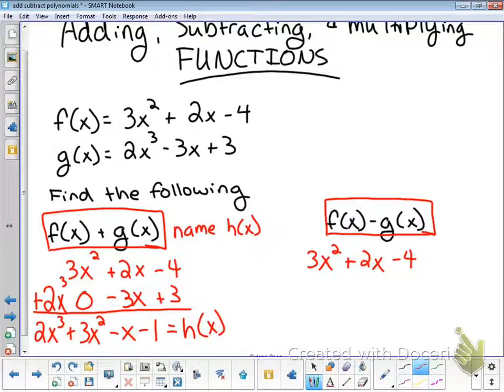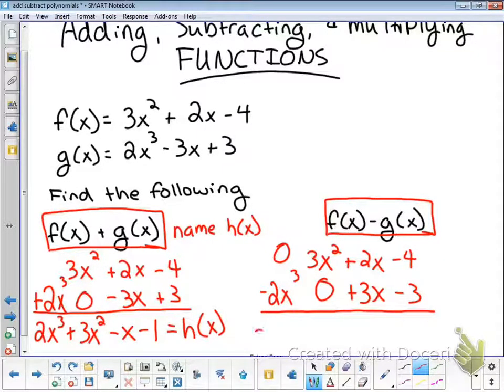And then I'm going to be subtracting, which means I've got to change all of my signs, because I'm subtracting 2x cubed, so minus 2x cubed. I'm subtracting negative 3x, so that's adding 3x. And then I'm subtracting 3. I'm going to put my zeros here.